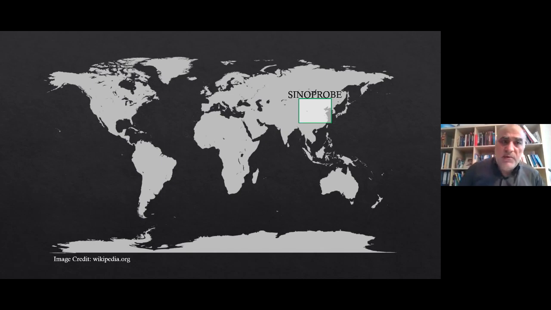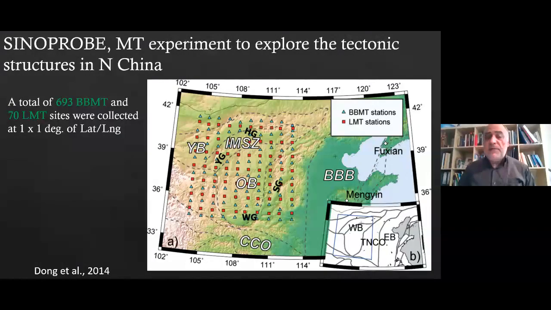Up to now, there exist around 700 broadband MT data and 70 long period MT data. The sites are distributed on a 1 by 1 degree latitude, longitude grid, and this map shows the distribution of the broadband data, the triangles, and the red squares are for the long period data.